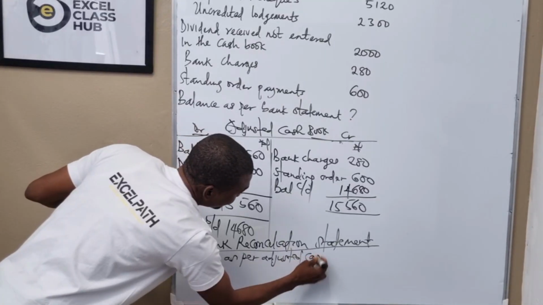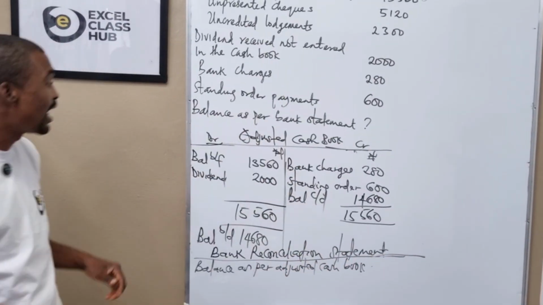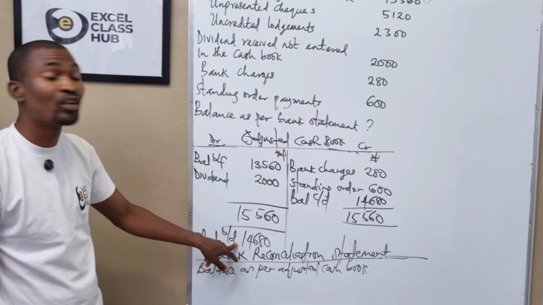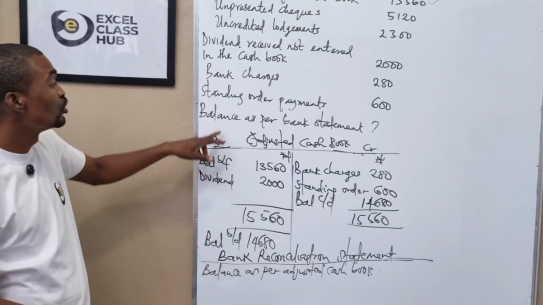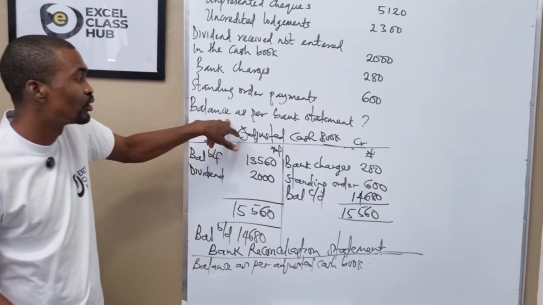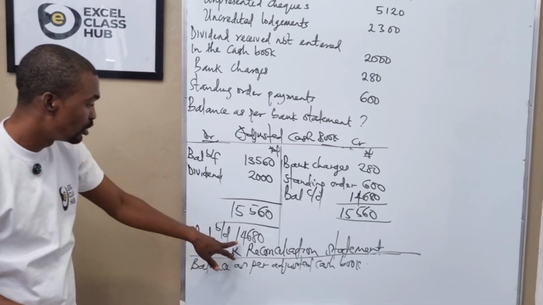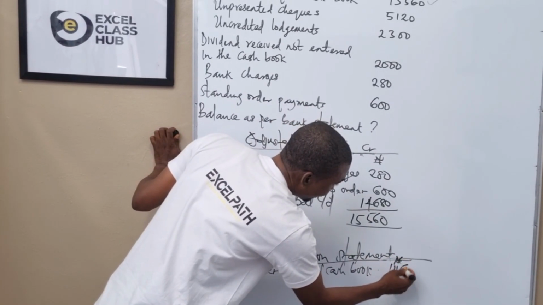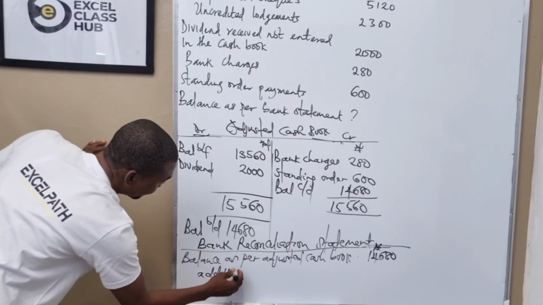You have adjusted the cash book now, and our new balance is 14,680. So we can go ahead and prepare the bank reconciliation statement to ascertain our balance as per bank statement. Balance as per adjusted cash book, 14,680. Then you add your unpresented check.